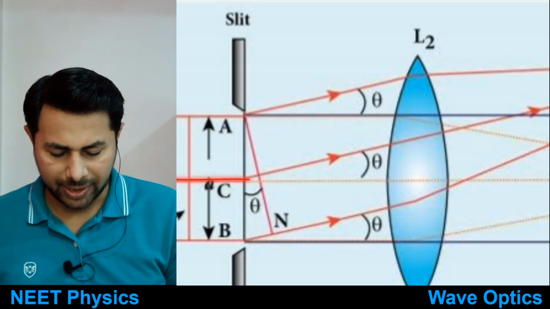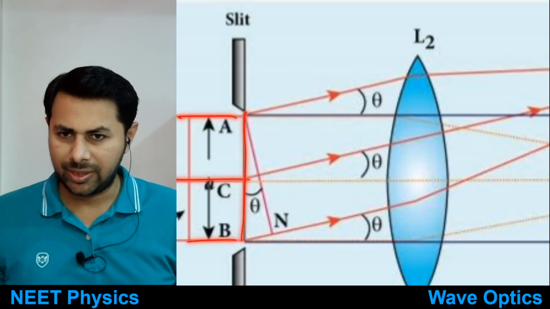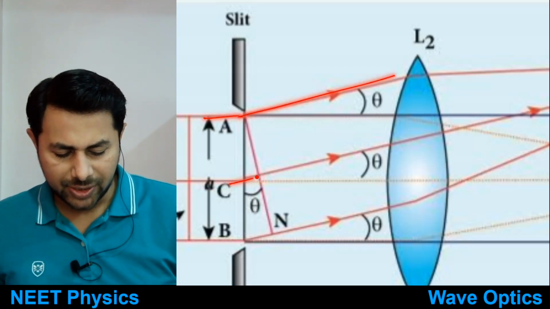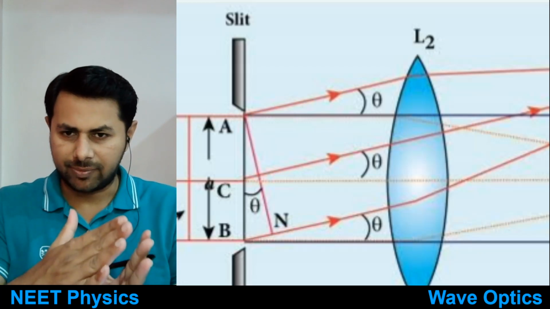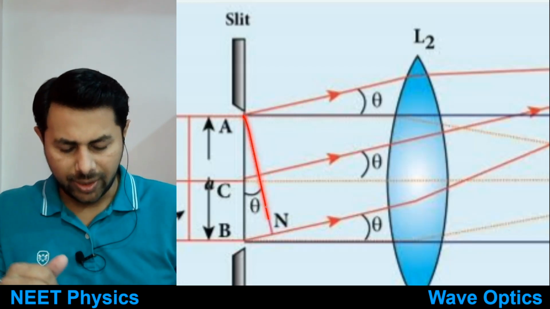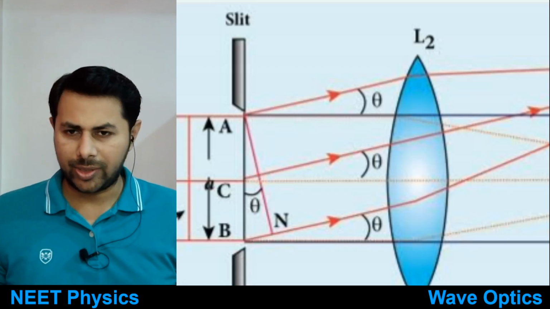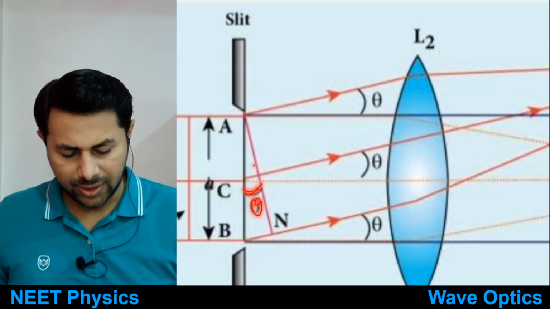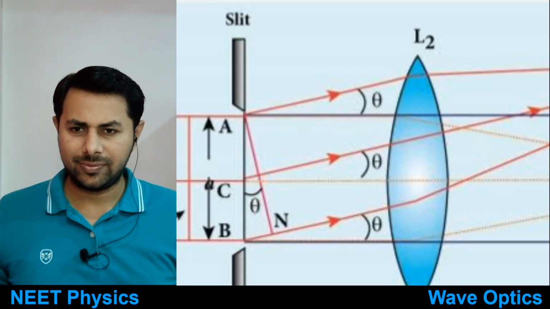This is the earlier direction of propagation, and this is the wave front, and the angle between them is 90 degrees. Then the direction of propagation changes by an angle of theta, so the wave front will also change by an angle of theta only, because the wave front is perpendicular to the direction of propagation. So this angle is also theta. This thing is clear, everyone?